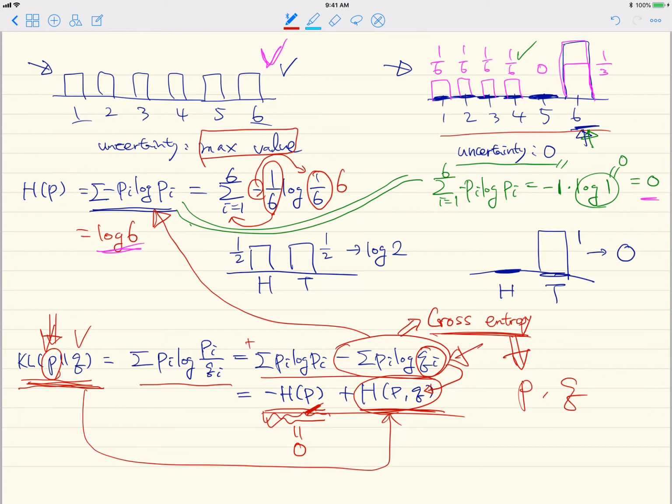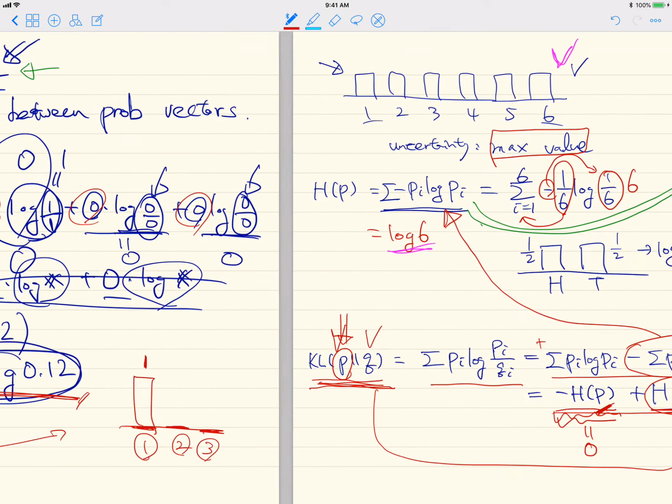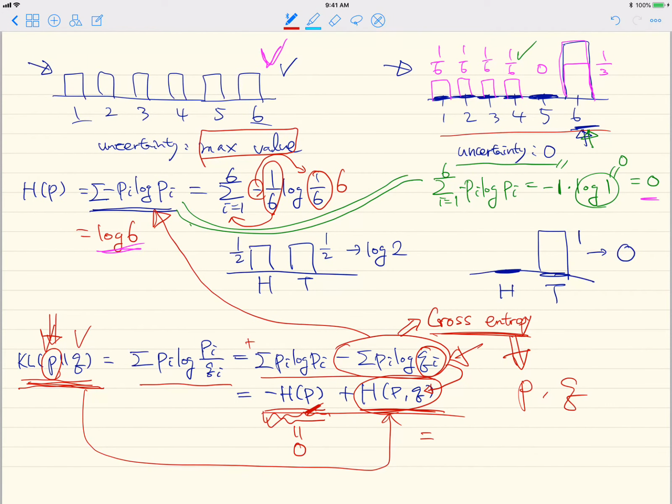And also, from the fact that P is just a one-hot vector like this, we know the KL divergence boils down to this equation, right? And thus it will be just a negative log q_yi, right?